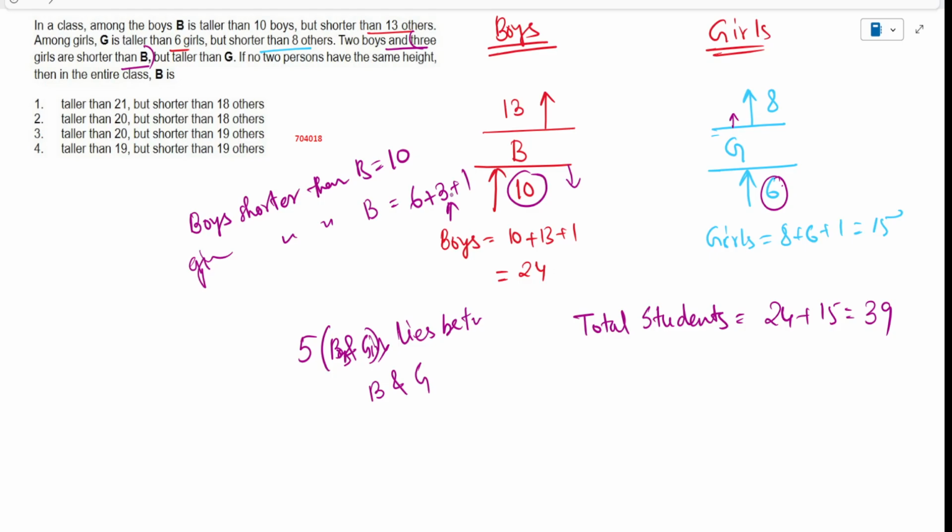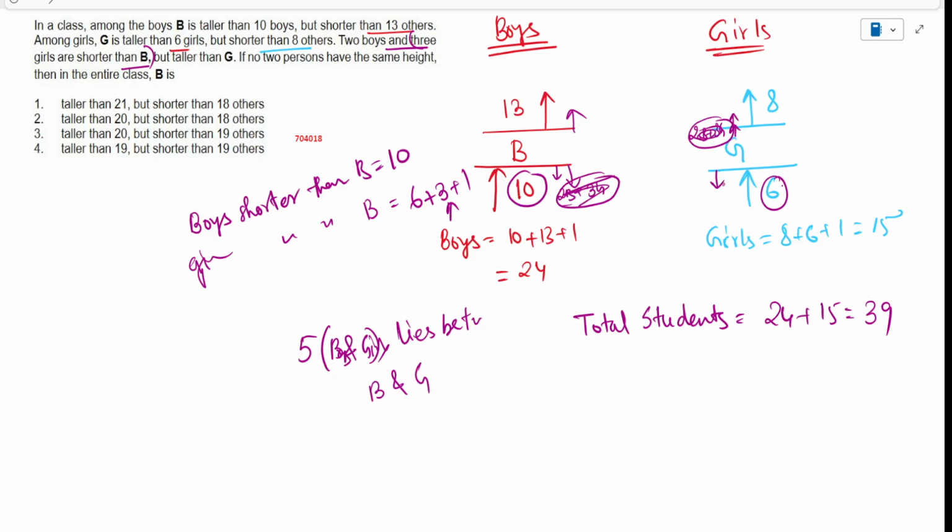2 boys and 3 girls are shorter than B but taller than G. Taller than G, 2 boys plus 3 girls. 2 boys and 3 girls shorter than G and taller than B. 2 boys plus 3 girls taller than B, shorter than G. Shorter than G, taller than B. 3 girls, okay.